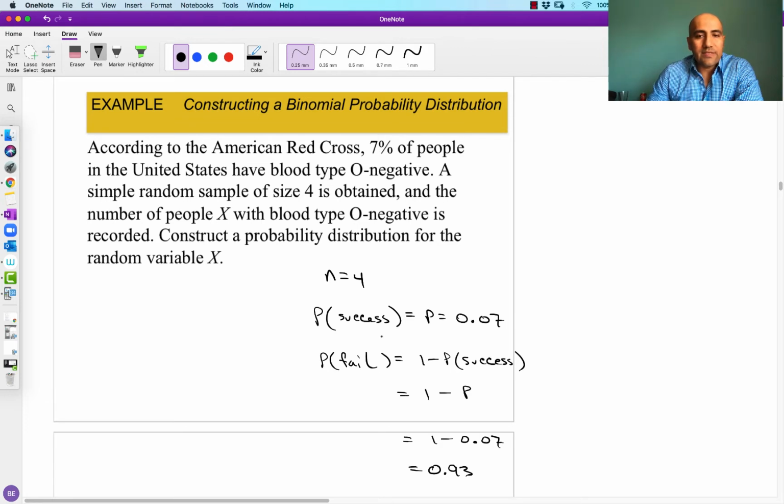Right? So if the probability of success is 7%, the probability of failure is going to be 0.93.